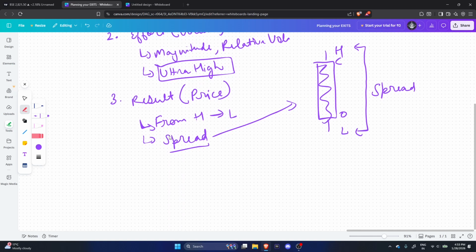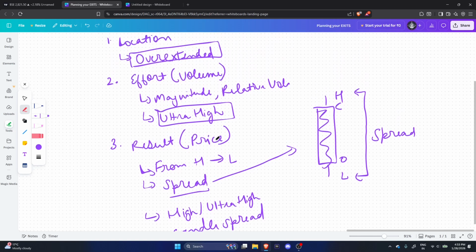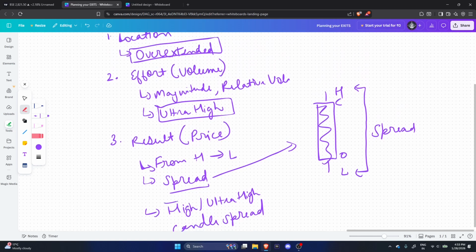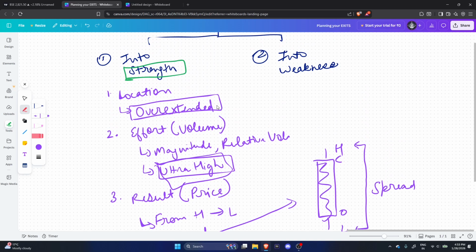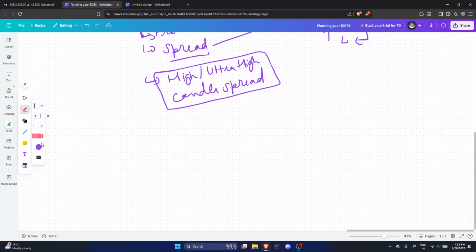And we are looking for a very high, or again ultra high, candle spread. Let's discuss one by one what is a high spread candle, what is ultra high volume, and what is an overextended market.